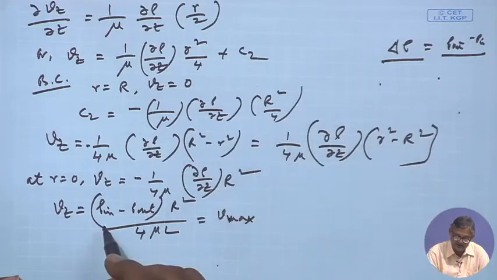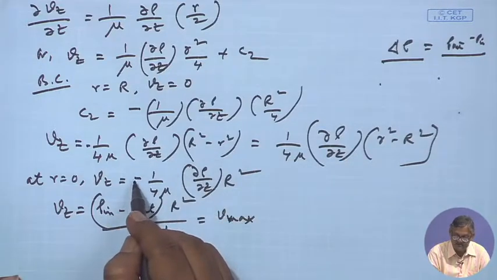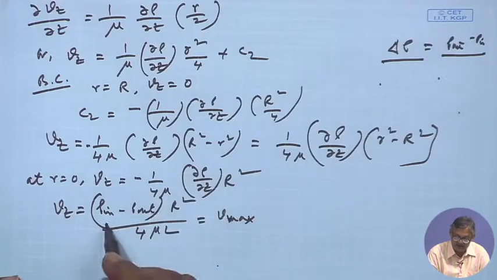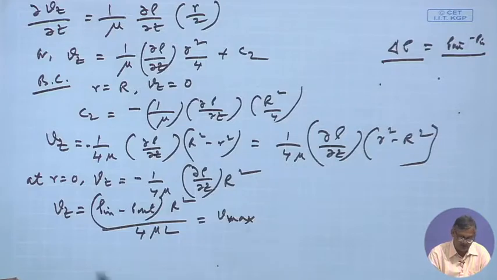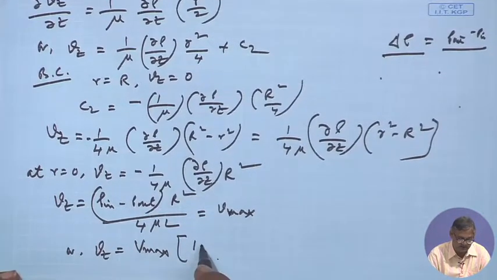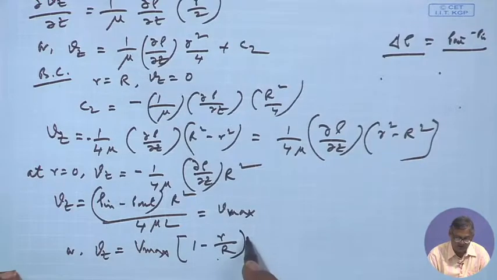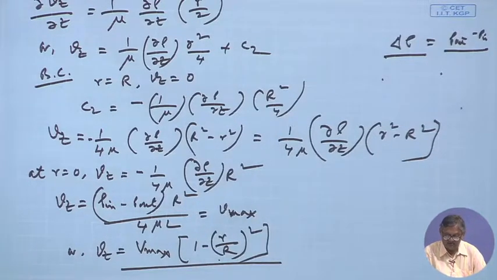Since we are taking P_in minus P_out as the delta P, this negative goes in there and this becomes (P_in − P_out)/(4μL) into R², that is nothing but V max. Or we can write Vz is equal to V max times (1 − (r/R)²).